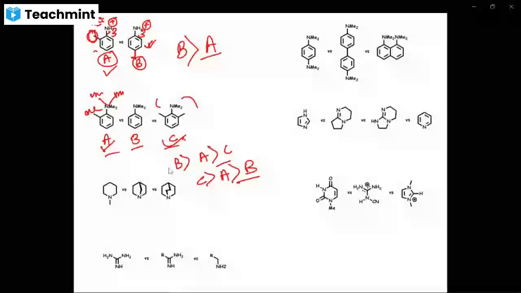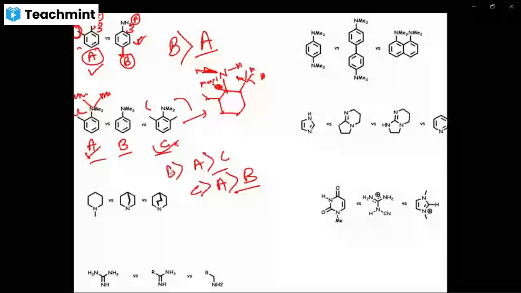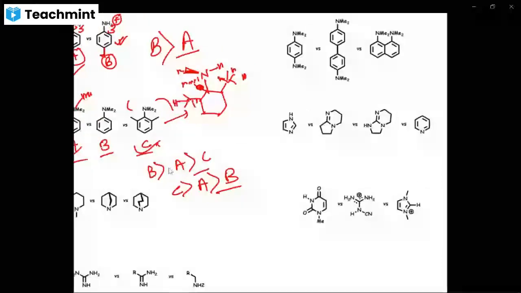In the conjugate acid that forms, this N and this methyl hydrogen, if you see, there is too much steric clash in the molecule.